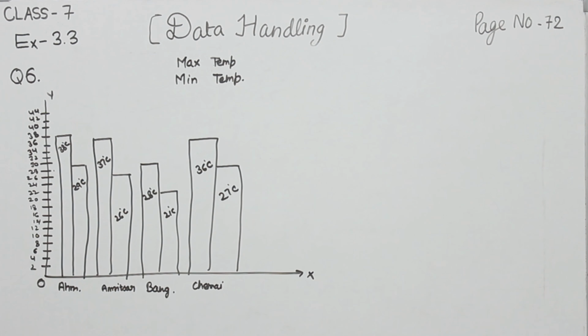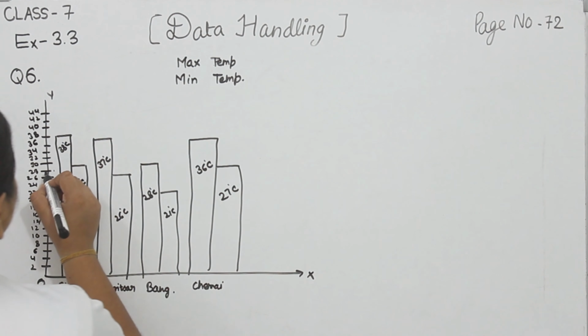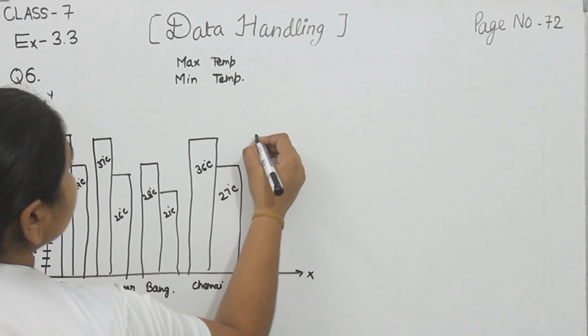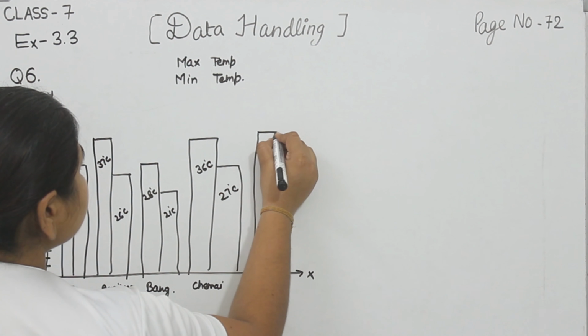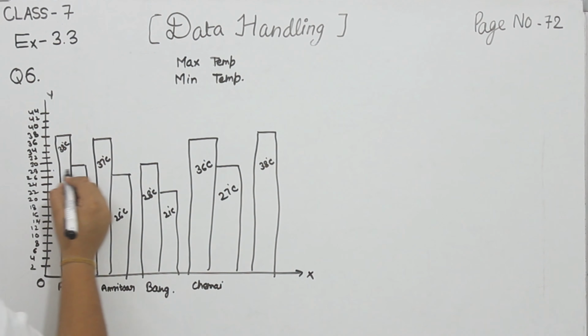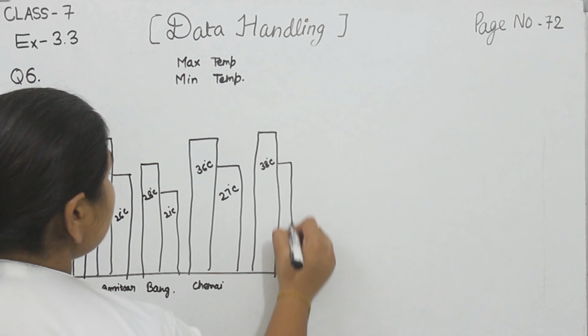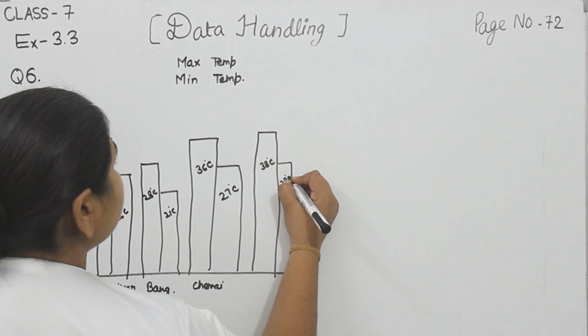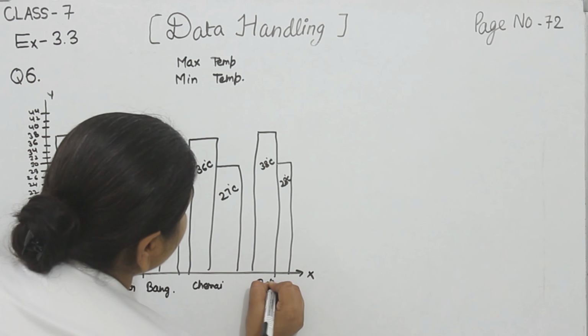Now come to the next, Delhi, 38 and 28. This is the maximum temperature of 38 degrees Celsius and the minimum temperature is 28 degrees Celsius, and this one is of Delhi.